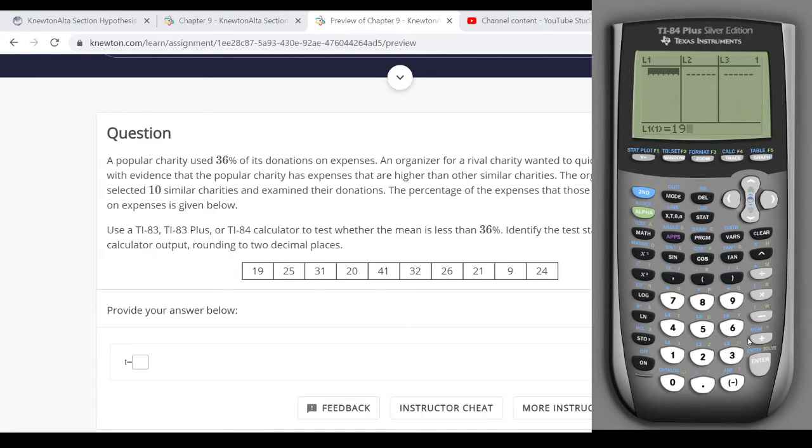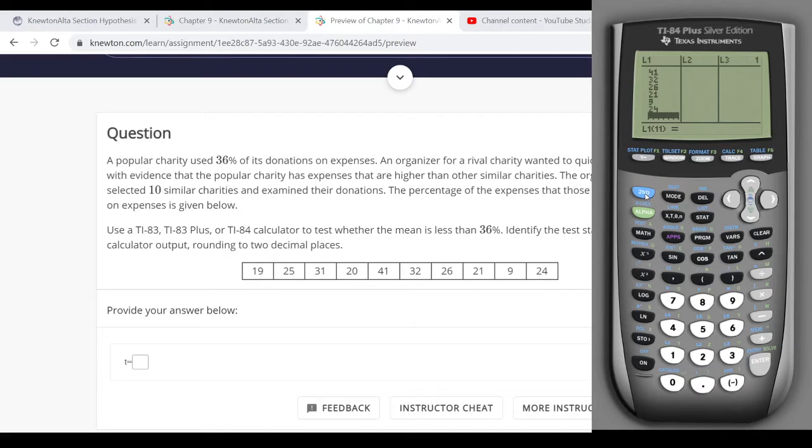So again, 19, 25, there's only 10 of them, so I'll do all of them in the video here: 31, 20, 41, 32, 26, 21, 9, and finally this last charity spends 24% of their money on expenses.